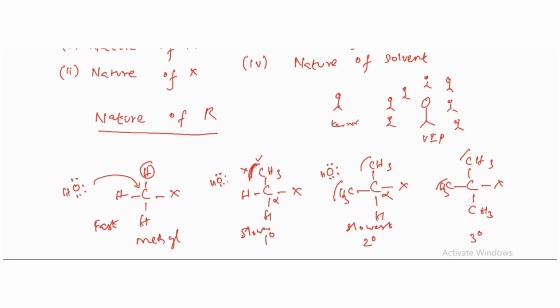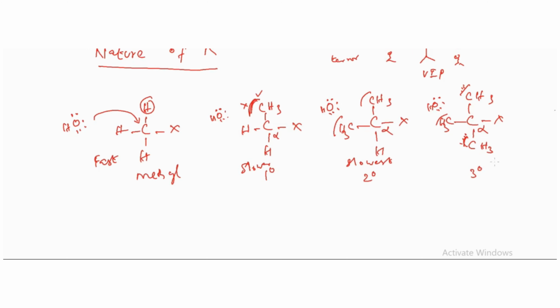Now you see, in the tertiary one there are three methyl groups. That means more branching, so the nucleophile will face severe hindrance. Then it is very difficult to go SN2 reaction at the tertiary alkyl halide.